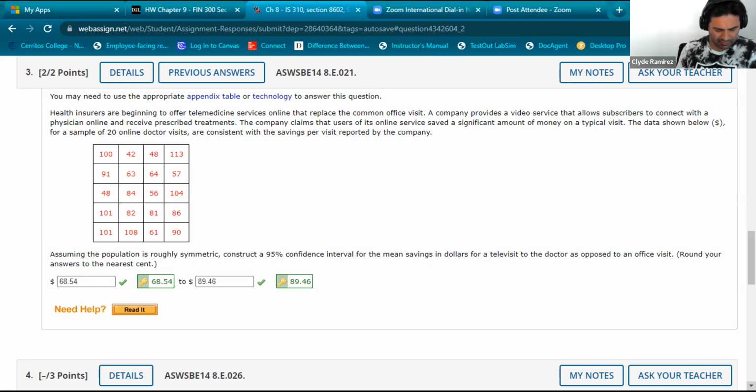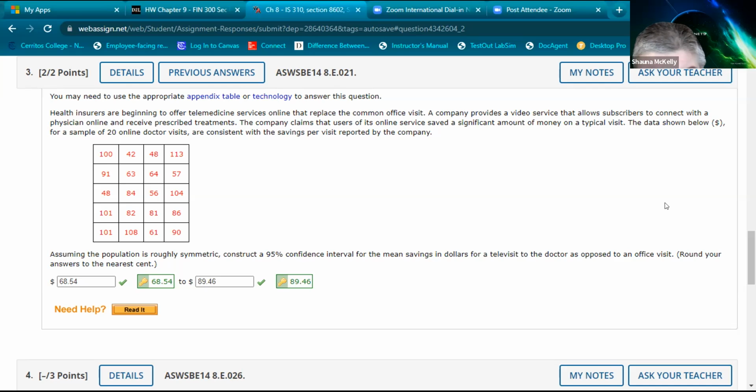Sigma, the one that looks like an O with a line on its head, is the population standard deviation. For this question, we don't know sigma at all, because the data they gave me is from a sample.